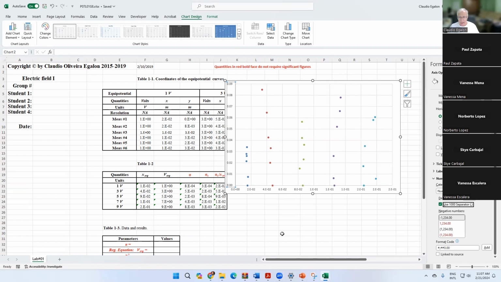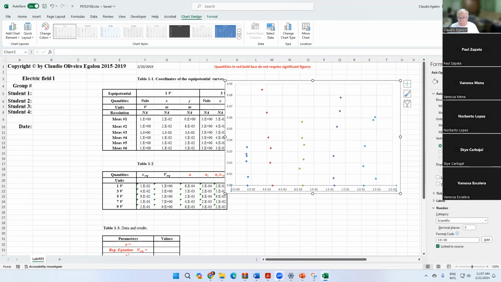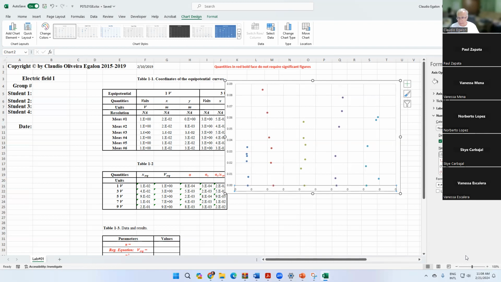Okay, and then you repeat for this one. Here you go. Double click. Okay, go to the axis number. Instead of scientific, change to numeric format. Everything is 0, right?